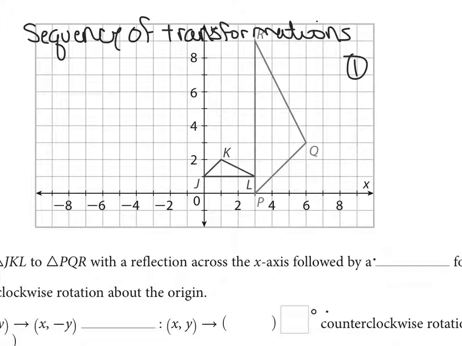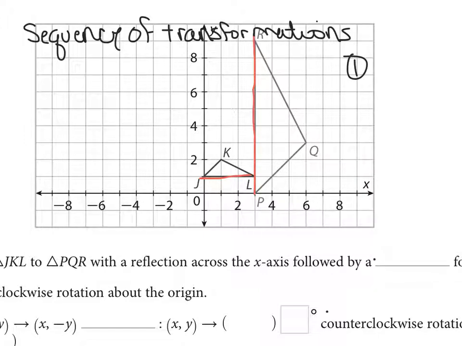Because it doesn't start at the origin, we can't just multiply x by 3. What we have to do is check the length of each side. This length is 1, 2, 3. And this length is 1, 2, 3, 4, 5, 6, 7, 8, 9.